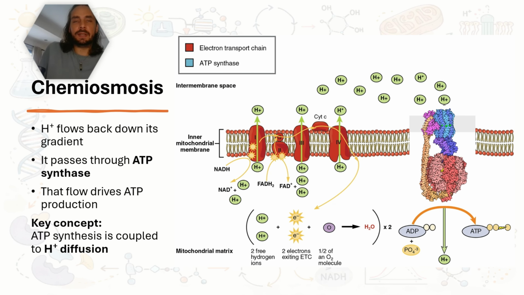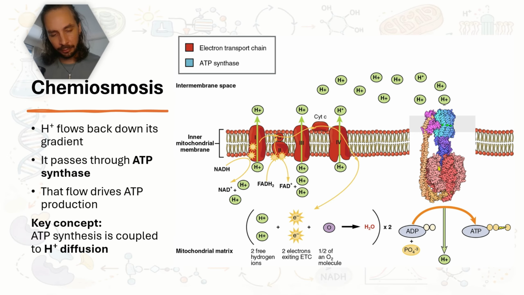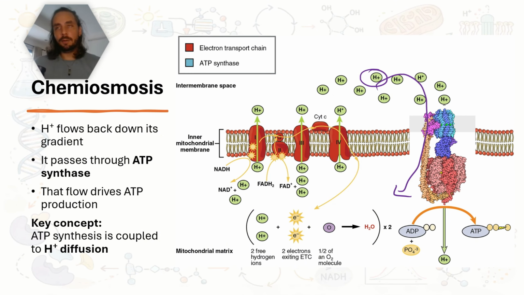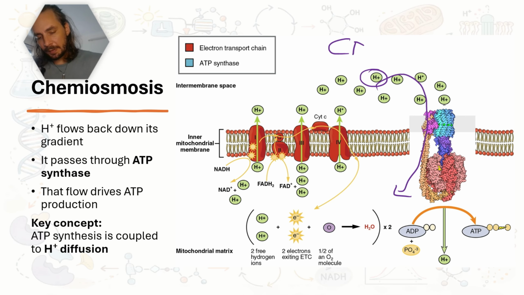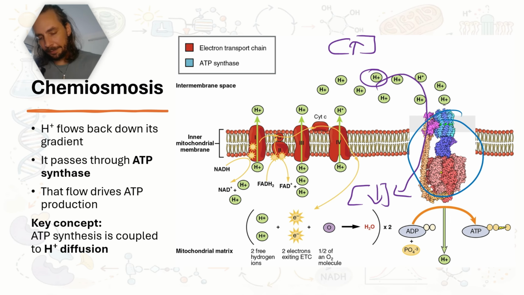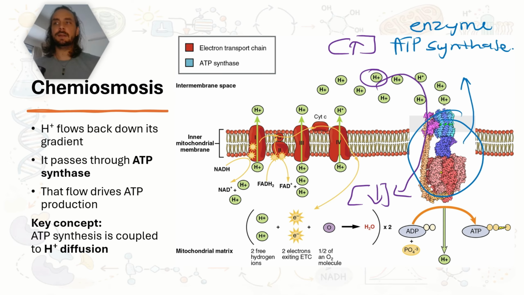Now, chemiosmosis is when the hydrogen, or proton, gradient flows back down its own gradient. These hydrogen ions want to flow from the high concentration to where there is a low concentration. They pass through this enzyme that we call ATP synthase.